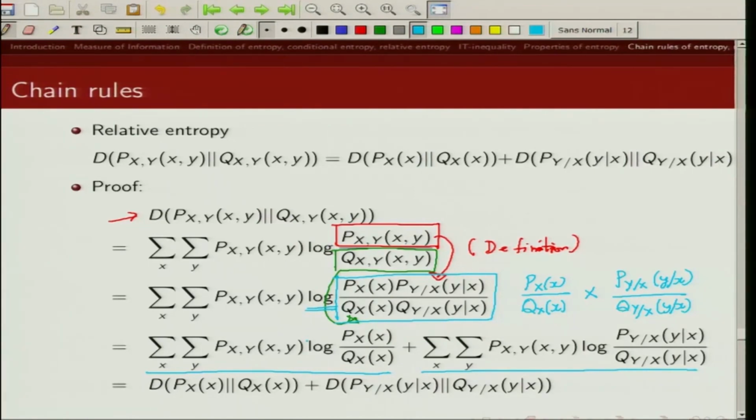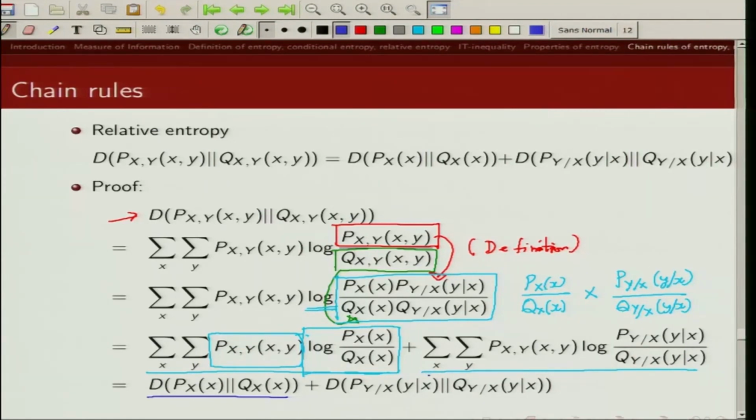Now again, this particular quantity does not depend on y. So when I sum it over y, I am essentially summing p of y given x over y, which gives one. What I will get is summation over x, p of x log of p of x by q of x, which is nothing but the divergence between p of x and q of x.